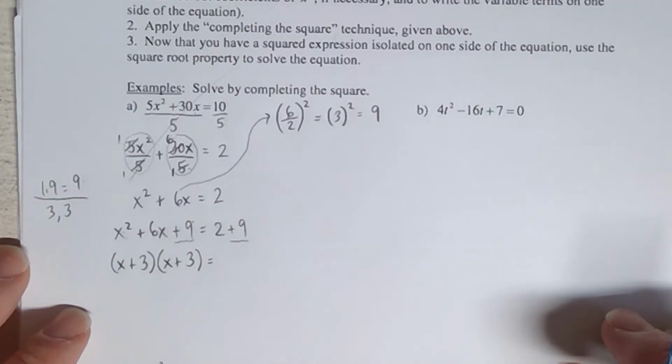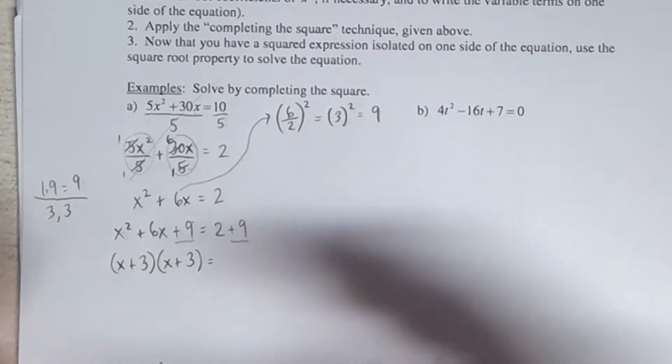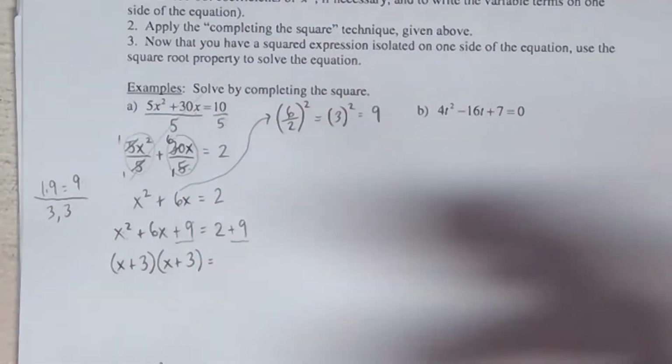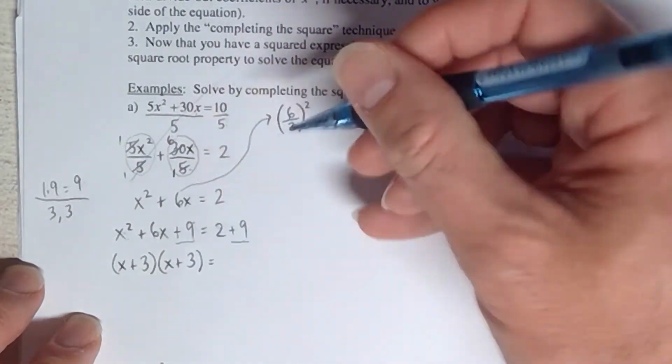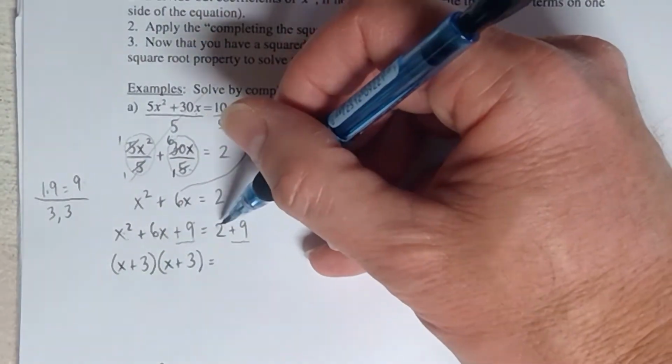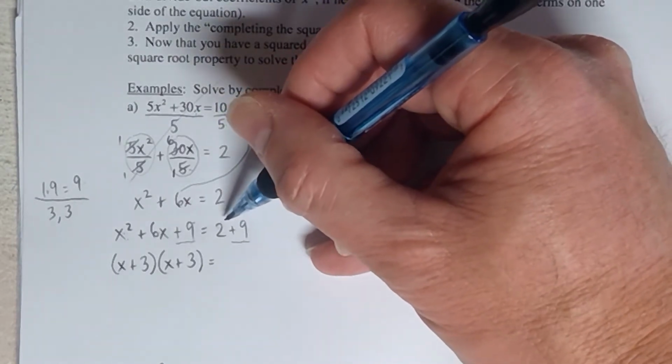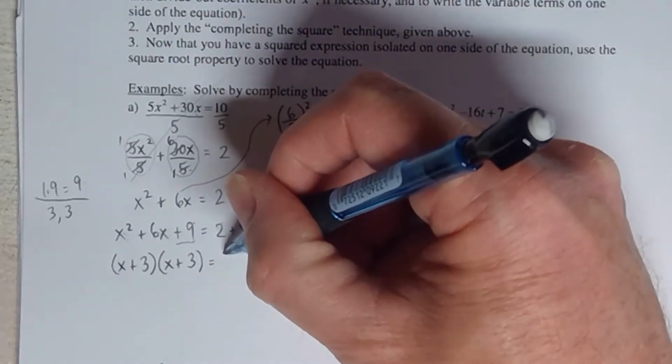That's why we call it complete. I'll explain that in the next step. The fact that these two brackets are the same means, let me finish this off over here first, 2 plus 9 is 11, right?